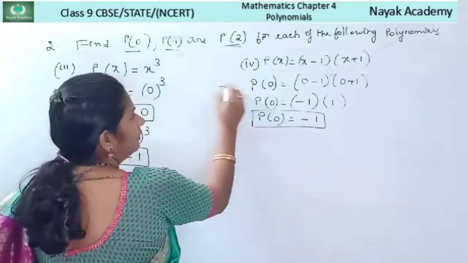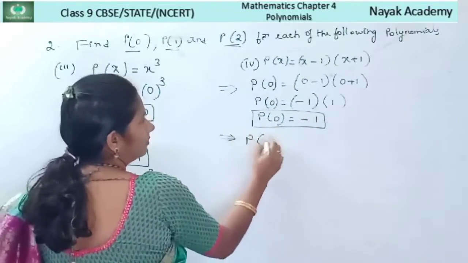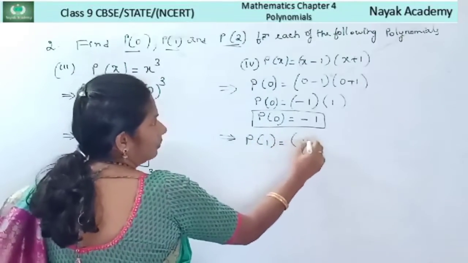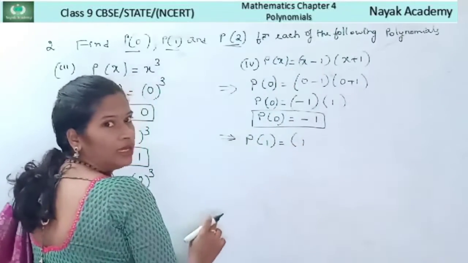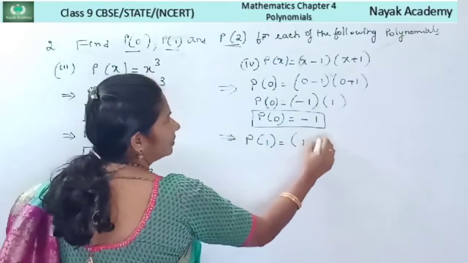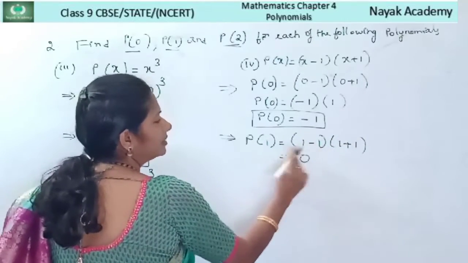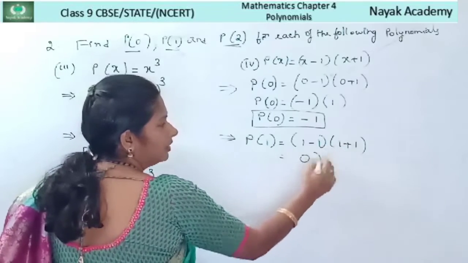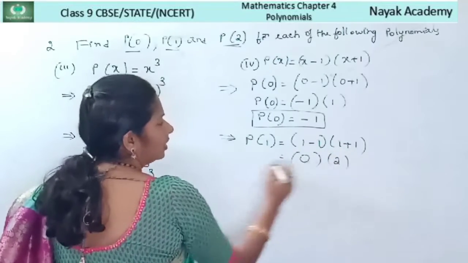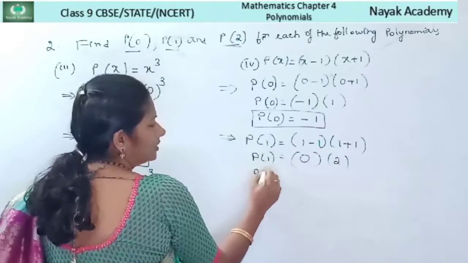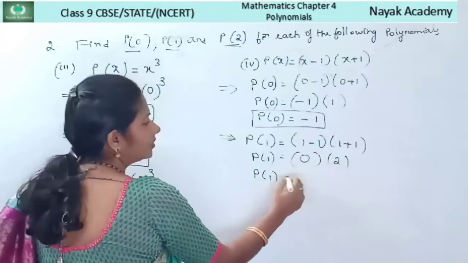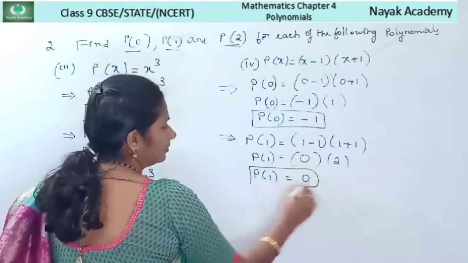Now let us find the value of p of 1. In place of x, you substitute the value of x as 1: 1 minus 1 into 1 plus 1. 1 minus 1, it is 0. 1 plus 1, it is 2. So p of 1 value is 0 into 2, so it is 0 only.